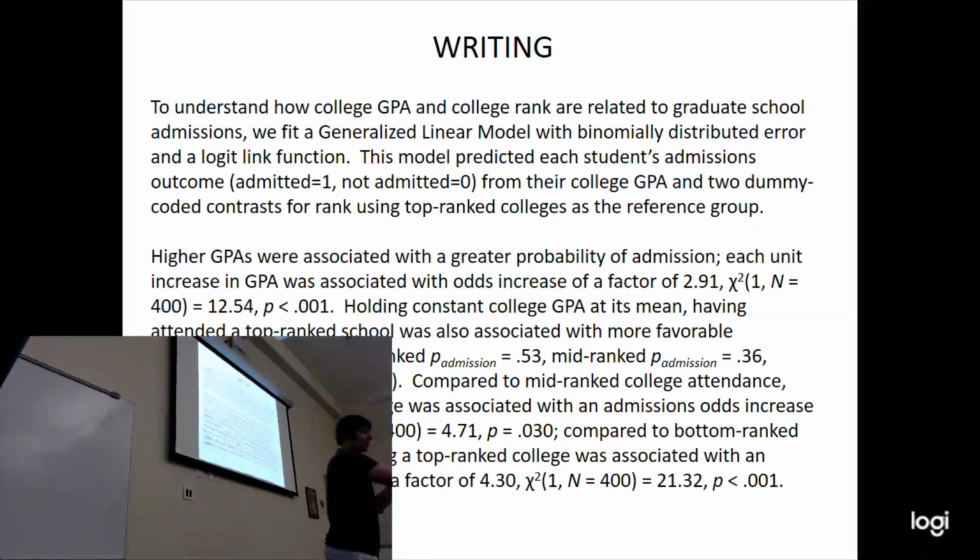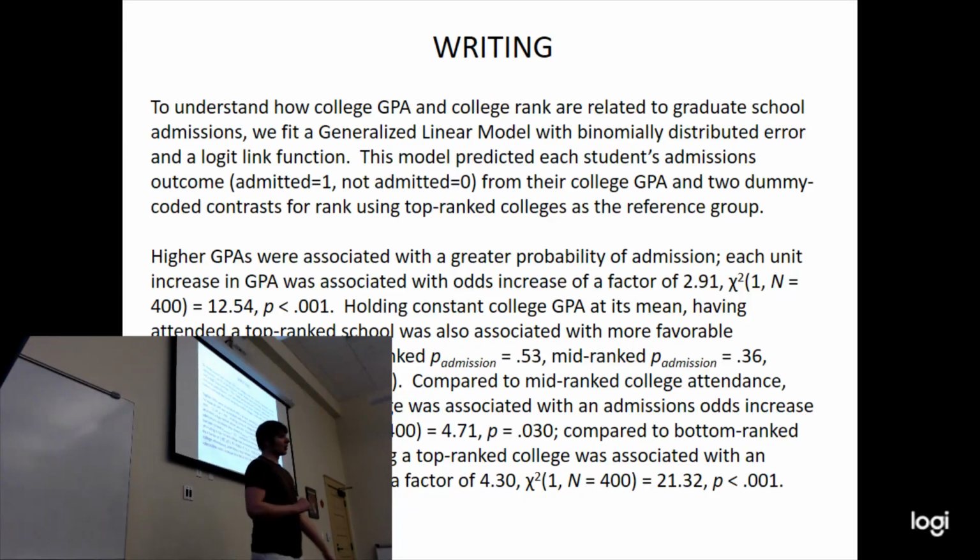It's like that first number that you would report using F, along with the number of cases, so the total number of people who contributed to this statistic. This is the general format that, at least, APA recommends.